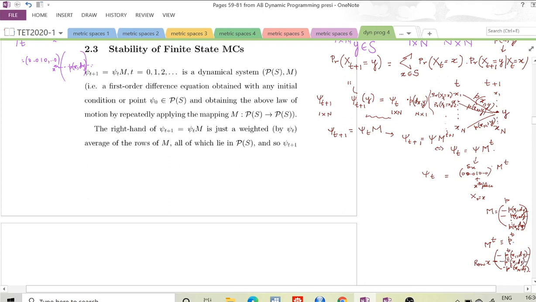So harking back to this particular result that ct is equal to delta x M raised to the t, that will therefore be equal to the row p superscript t x dy.